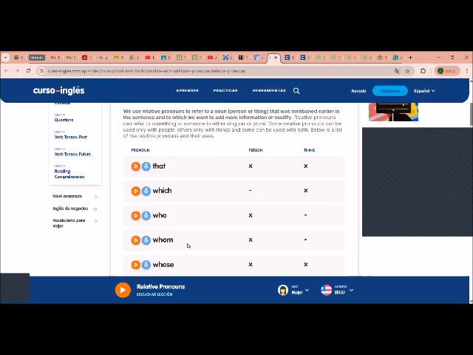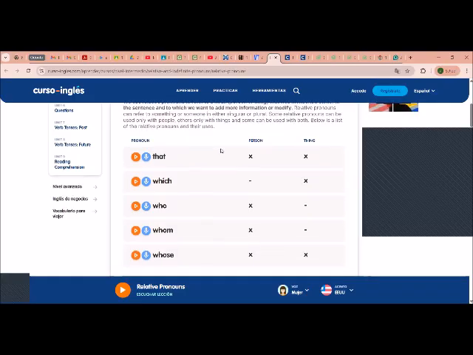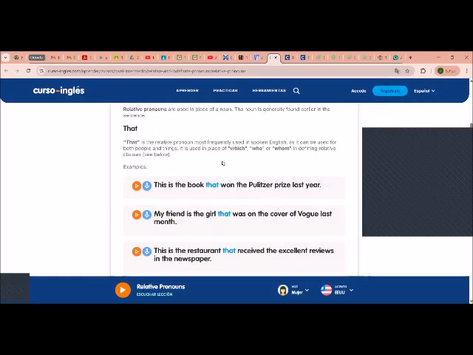And what are they doing? They're adding information that will modify our noun phrase. These specific ones are pronouns because they work inside our sentence to help with information about the noun. Now we know the noun can be a place, a thing, and it can also be a person.